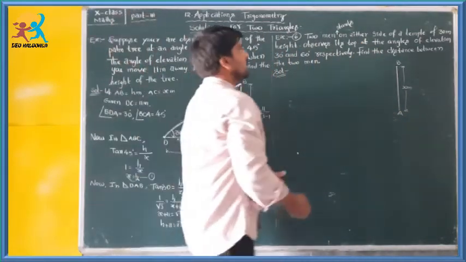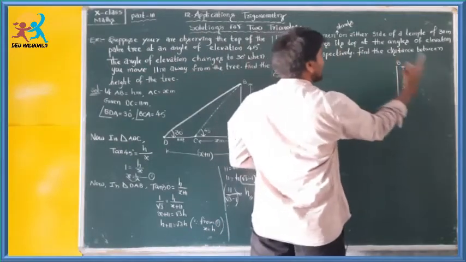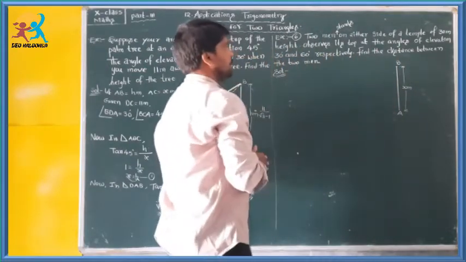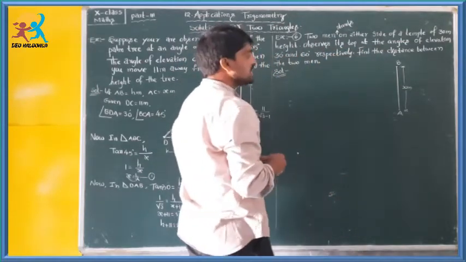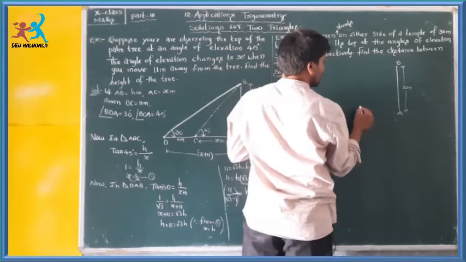Here two men stand on either side of the temple and observe its top at angles of elevation of 30 and 60 degrees.